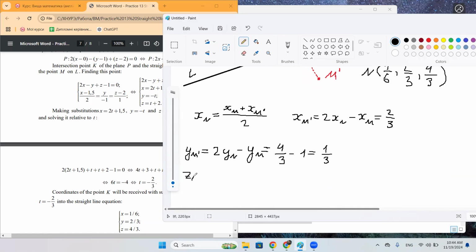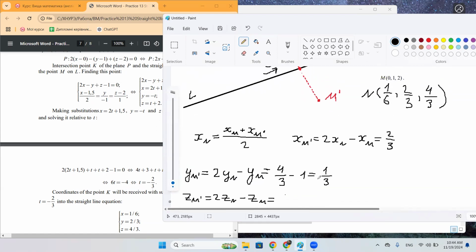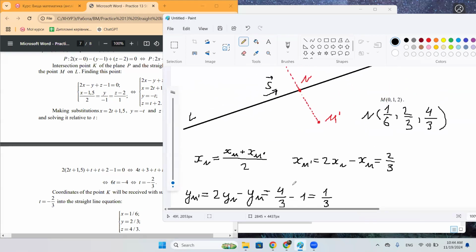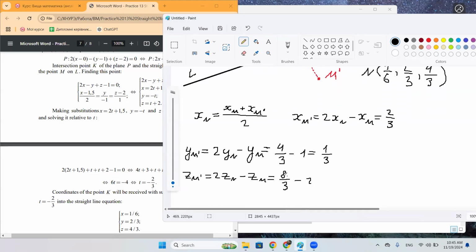And z M prime equals 2 z N minus z M. So 8/3 minus 2, so 2/3. So the final answer, coordinates of the point M prime are the following: 2/3, 1/3, and 2/3.